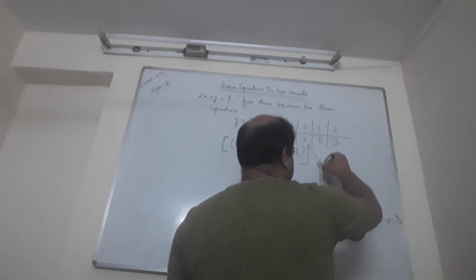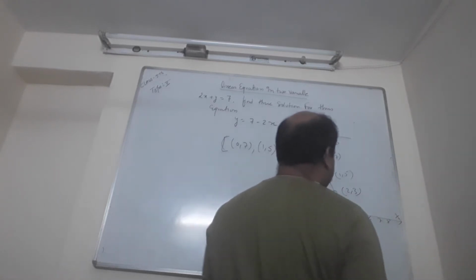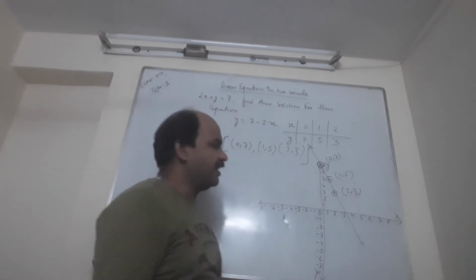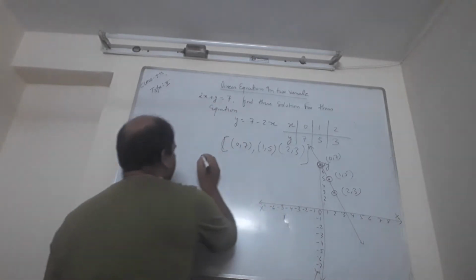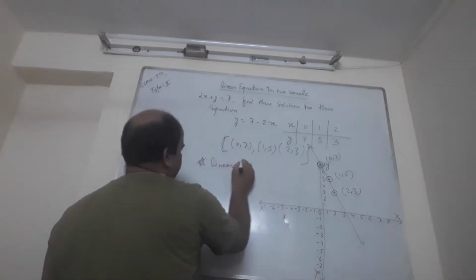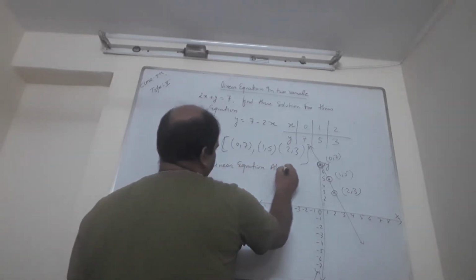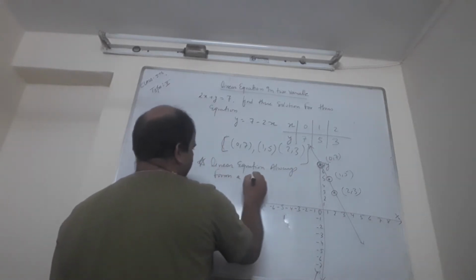Then join these points in a straight line. And one concept you will get here: a linear equation always forms a straight line. So we have to write that a linear equation always forms a straight line.